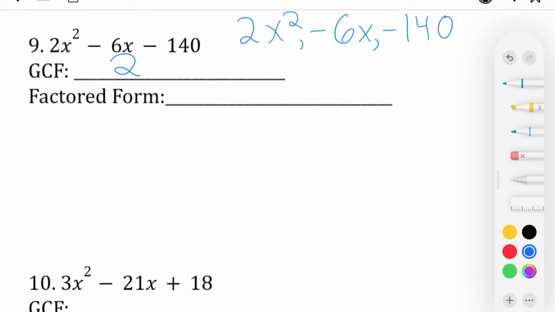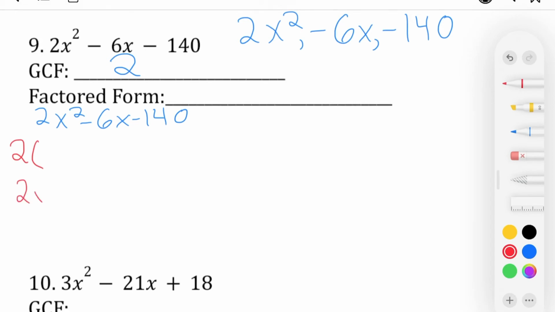So, kind of what we learned in lesson 1, if we have a greatest common factor and we are factoring, we're going to factor out or divide out our greatest common factor of all of our terms. So we started with 2x squared minus 6x minus 140. Now we're going to take our 2 as our greatest common factor and put it on the outside.